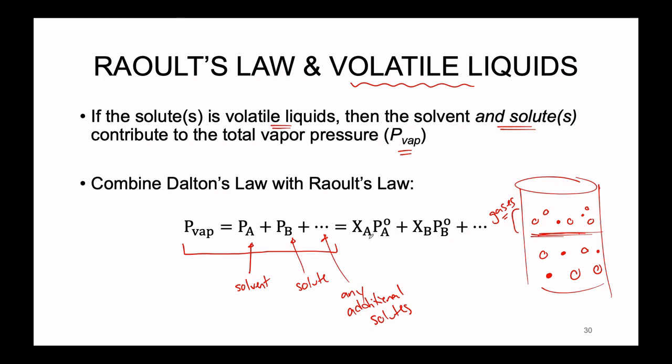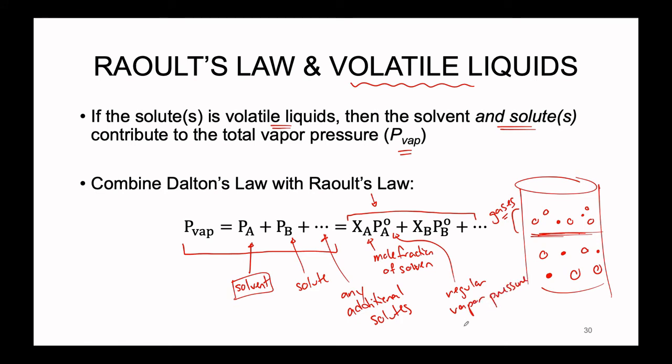So for instance, if A represents our solvent, as I have labeled here, then on the right-hand side of this equation, which is going to be the Raoult's law portion of this equation, our chi sub A is going to represent the mole fraction of solvent, and our P sub A naught is going to represent the regular vapor pressure of the solvent, right?